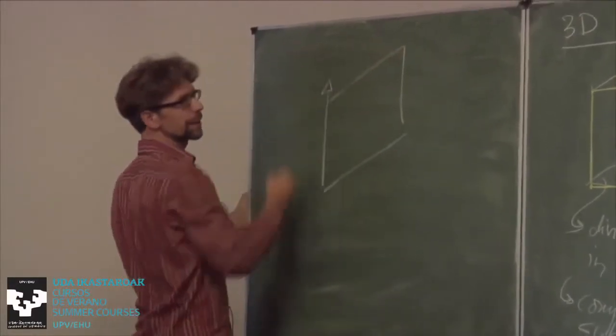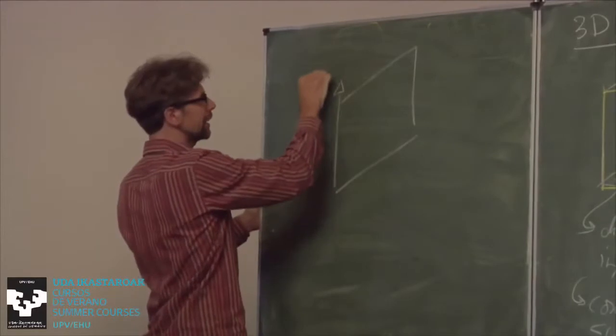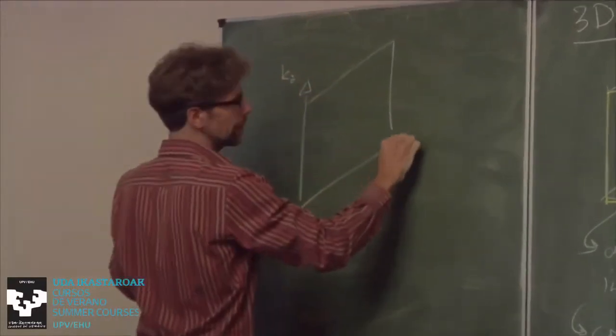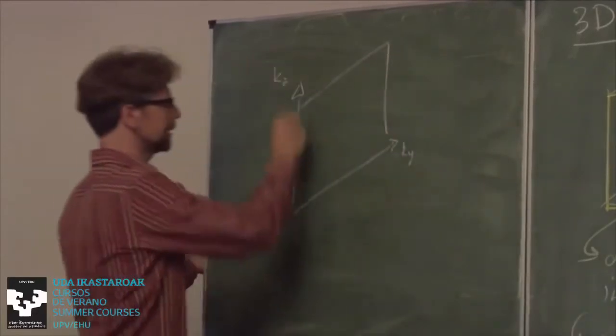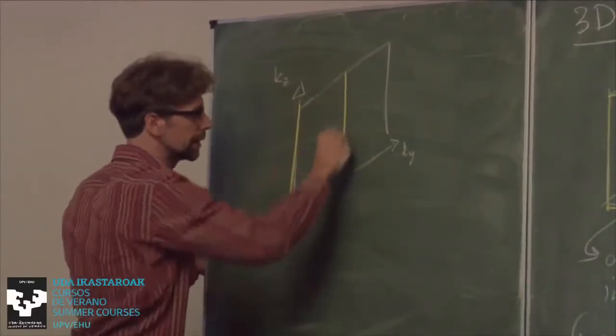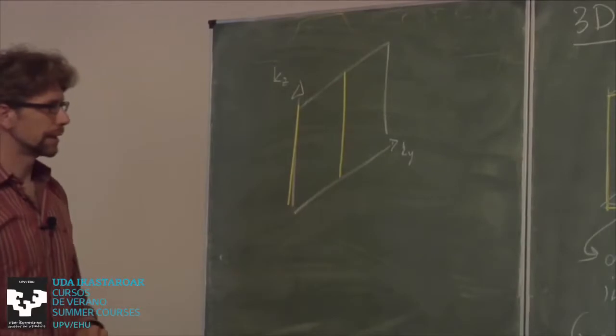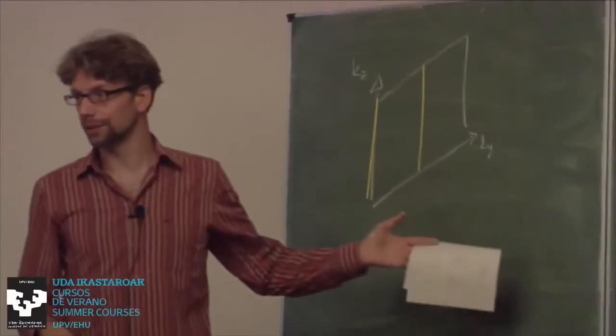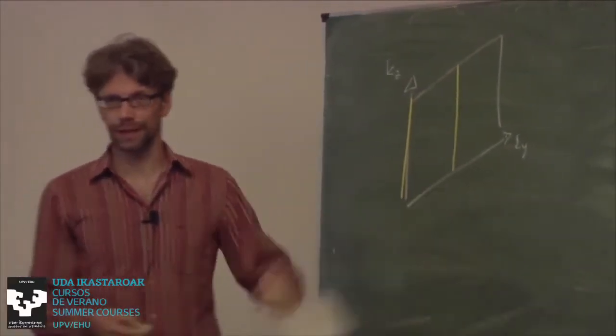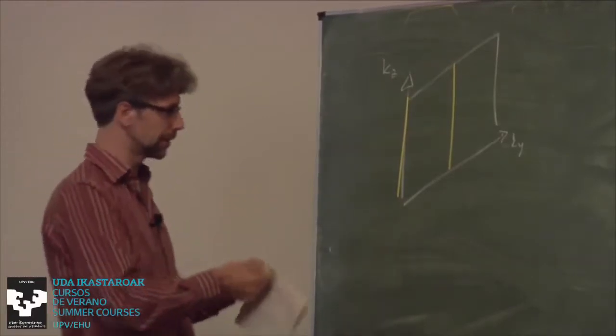So the boundary Brillouin zone has two good momenta, Kz and Ky. And then I have these two lines which are mirror invariant, and I can say something about the electronic structure on these two lines from the fact that I know the mirror Chern number.